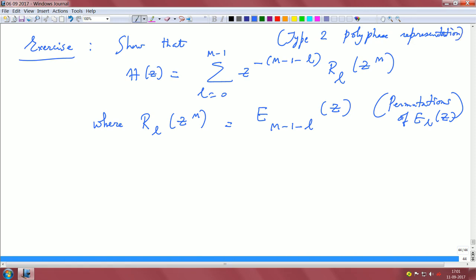And I remark that we need both of these two representations when we discuss how we want to bring in efficient architecture. Sometimes you want type 1 representation, sometimes you may want type 2 representation to simplify your architecture.